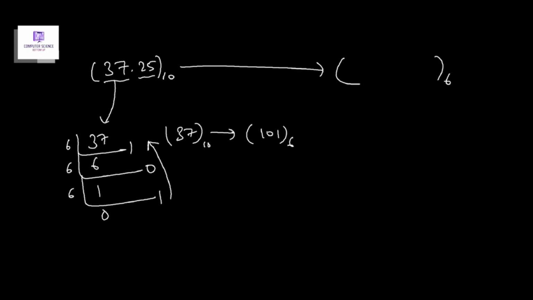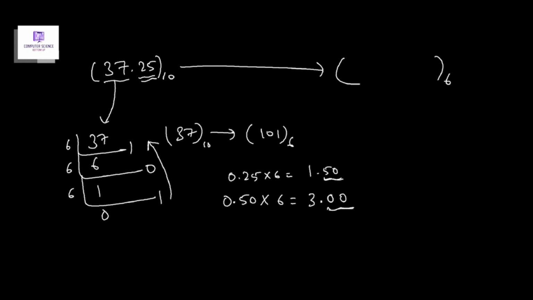What about the 0.25 portion? 0.25 into 6, what you will get is 1.50, right? Now what is the fractional part? 0.50 is the fractional part. So 0.50 into 6 is 3.00.